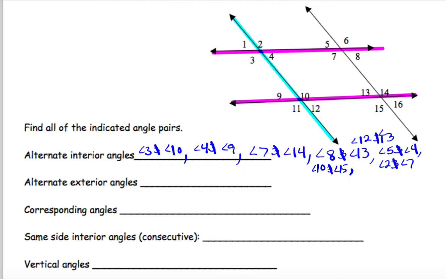So for my alternate exteriors, and I'm going to start writing them all the way over here, and I'm going to use a different color. So exterior would be like 1 and 2, 11 and 12 are exteriors. So 2 is going to be an alternate exterior with 11. So angle 2 and angle 11 are alternate exteriors. Angle 1 would be alternate exterior with 12.